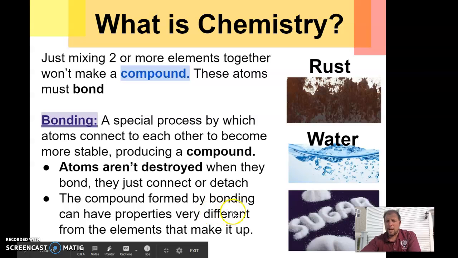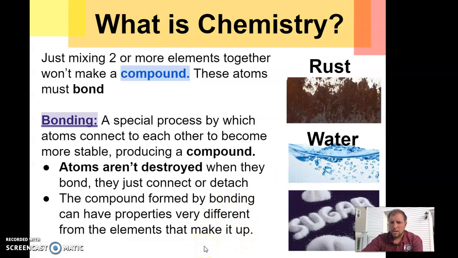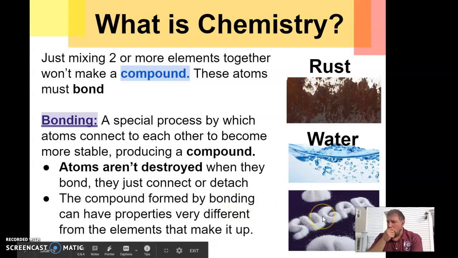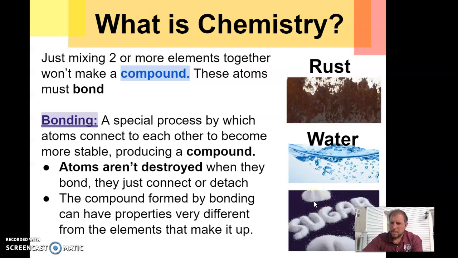Now, the interesting thing about compounds is that they have properties that are very different from the elements that make them up. For example, sugar is a white, sweet crystal, but it's made of carbon, which is a bitter black powder, and oxygen and hydrogen, which are both invisible, tasteless gases. Yet somehow, if you attach those atoms in just the right way, you get sugar.